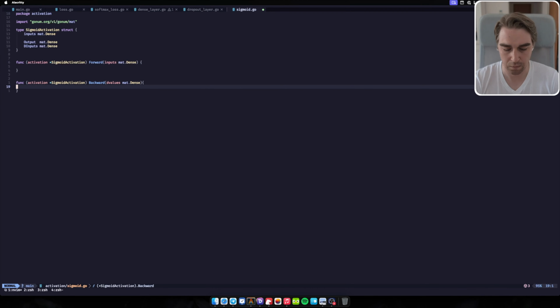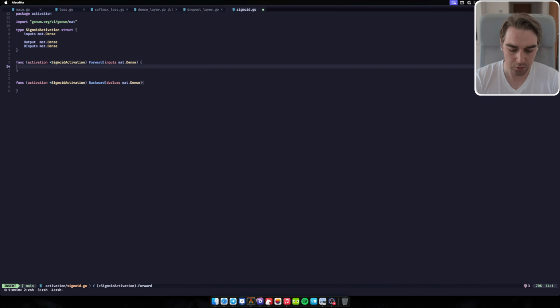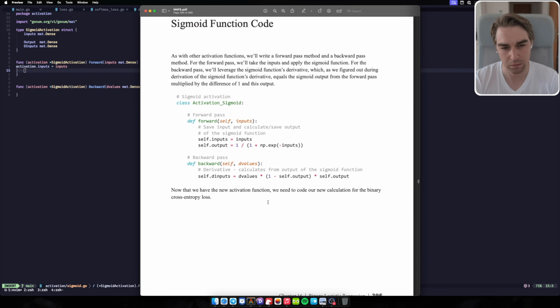There is nothing else. Okay, so first we store the inputs for the next calculations. Then we need to calculate the output.